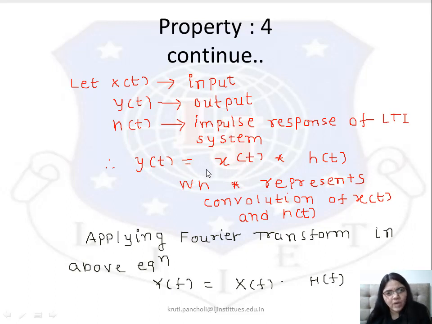Applying the Fourier transform to this equation, the Fourier transform of y(t) is Y(f), and of x(t) is X(f). It is convolution in the time domain, but in the frequency domain it is multiplication. The Fourier transform of h(t) is H(f).